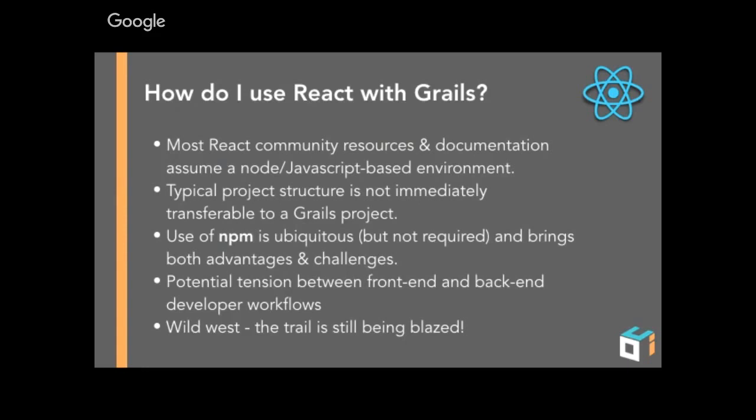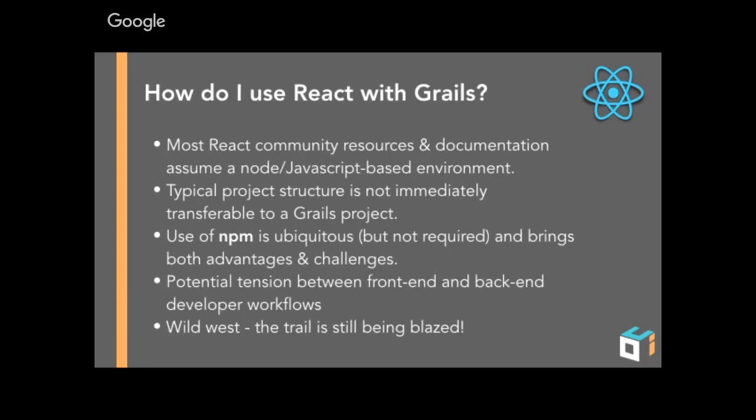Most documentation and tutorials tend to assume a Node or NPM based development environment. If you're a Grails developer, the project structure isn't obvious. Where does a package.json file go? Where do these things belong in a Grails application? And this is not specific to Grails.